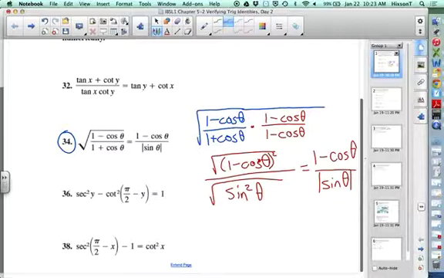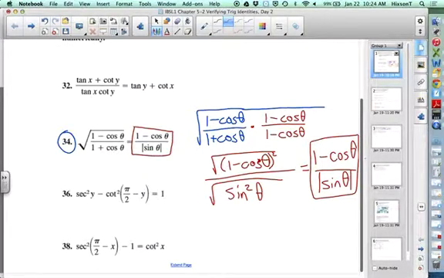Any other problems come to mind here while we were looking at that one? Can we do anything else with it, or is it the end result? Well, we got here, and that's what we were trying to prove.